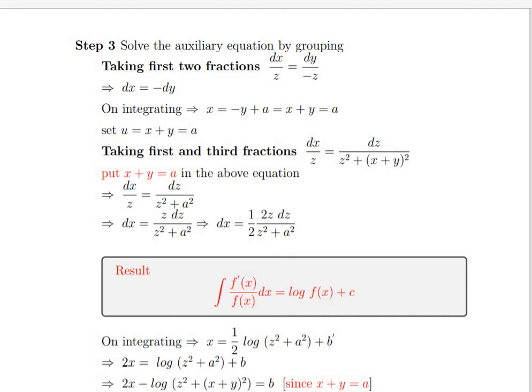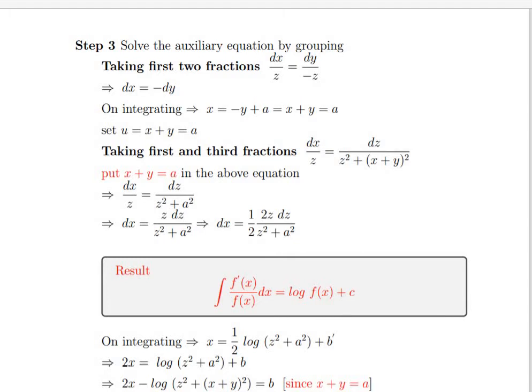Now taking the first and third fractions from the auxiliary equations, we will get dx by z equal to dz by z square plus (x plus y) the whole square. Here, for simplifying the calculation, we will take x plus y as a, and substituting x plus y equal to a, the equation will become dx by z equal to dz by z square plus a square.